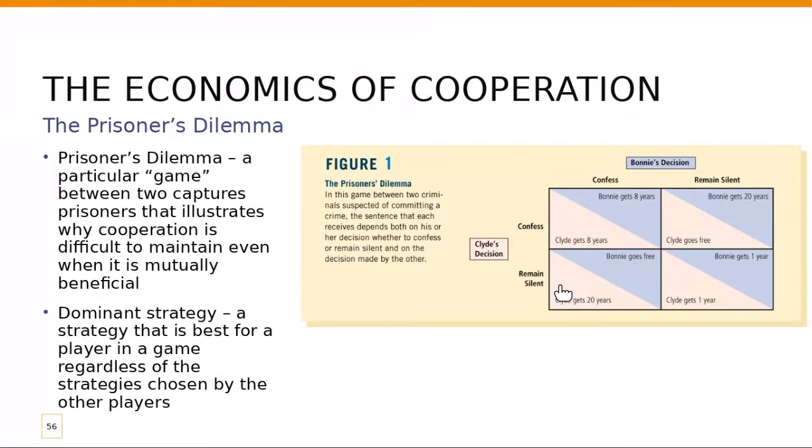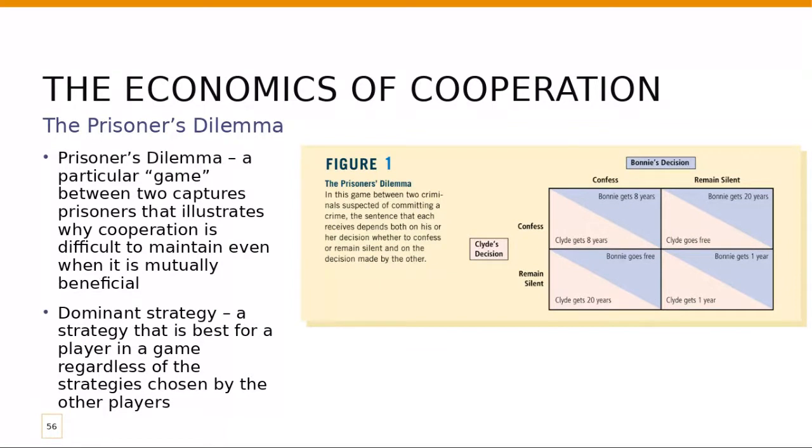Similarly, if he remains silent, he will get 20 years in jail if Bonnie confesses, and 1 year in jail if Bonnie also remains silent. Since an 8-year sentence is better than a 20-year sentence and going free is better than a 1-year sentence, Clyde also finds that confessing is the dominant strategy.